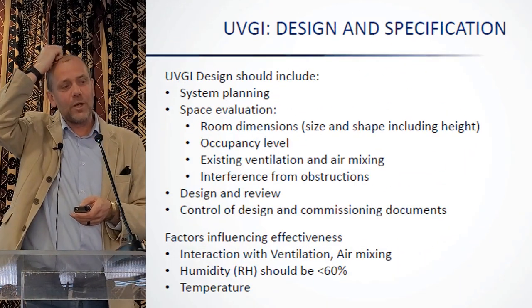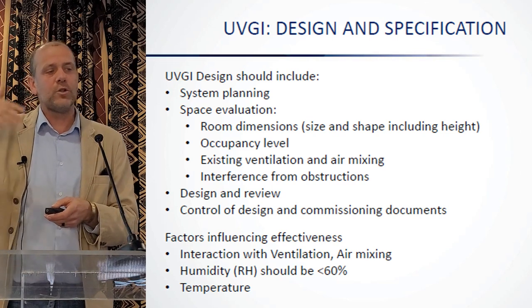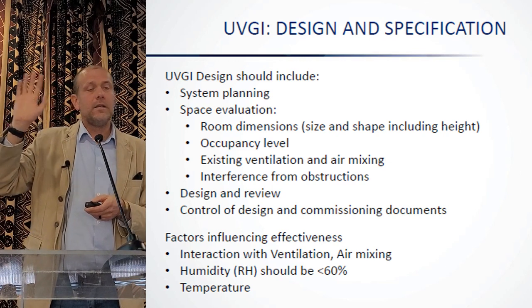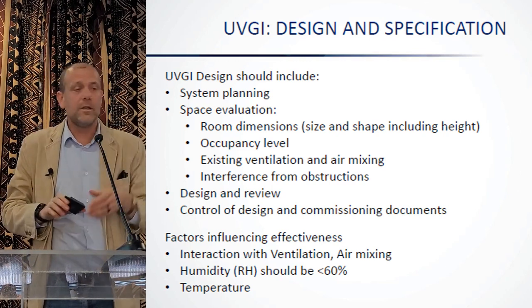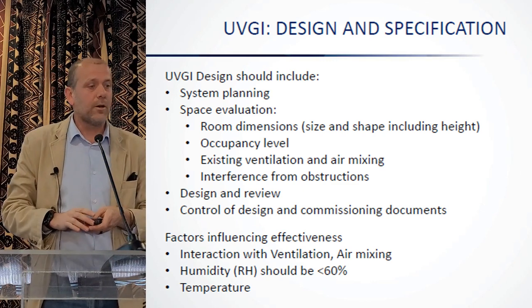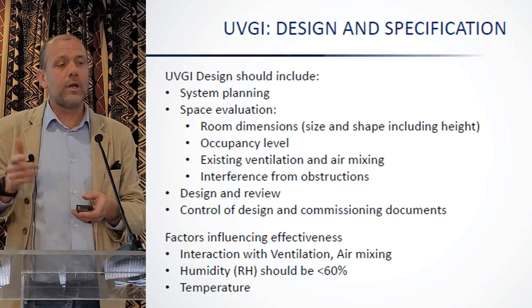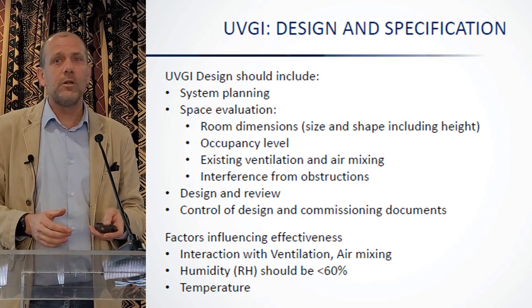UVGI should include system planning, space evaluation, looking at room dimensions, occupancy levels, existing ventilation and air mixing, evaluating interference and obstructions. When we do this room, you've got to consider these pillars and things in the ceiling and so on. You should have a formal design review process.